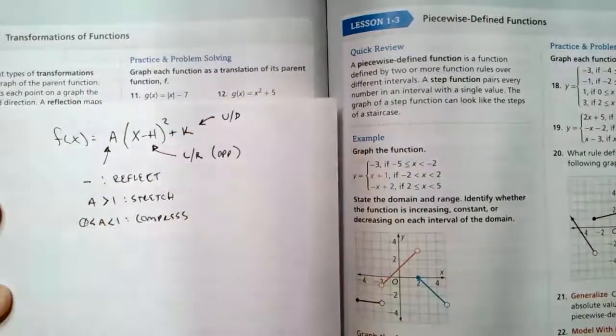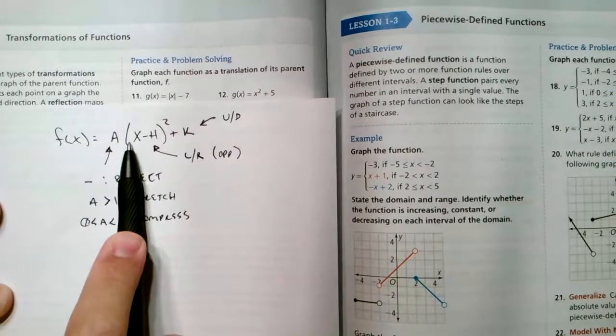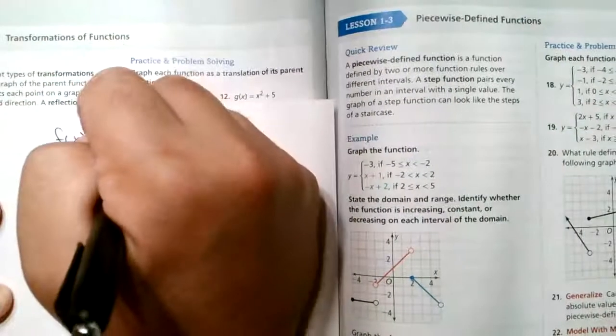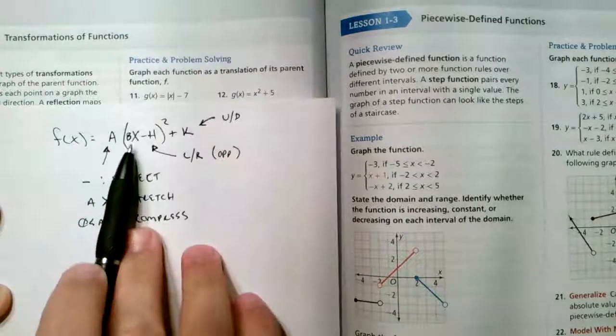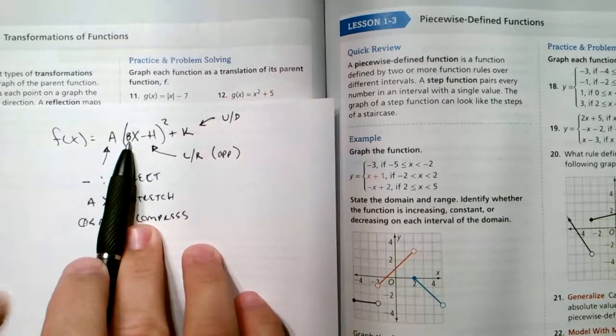Your h value, this moves you left or right, but remember, it's always in the opposite direction. Super key, you got to remember that. And the k value moves you up or down. Okay. There's also other transformations that they talked about in the lesson, but they never practiced, I don't believe, in any of the practice problems.